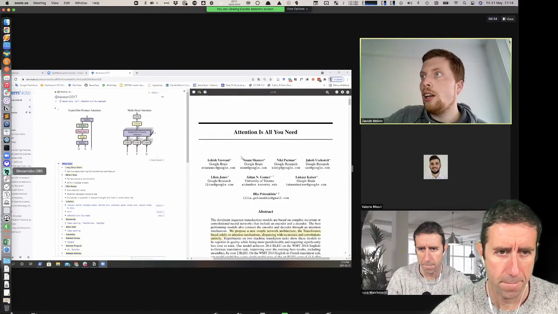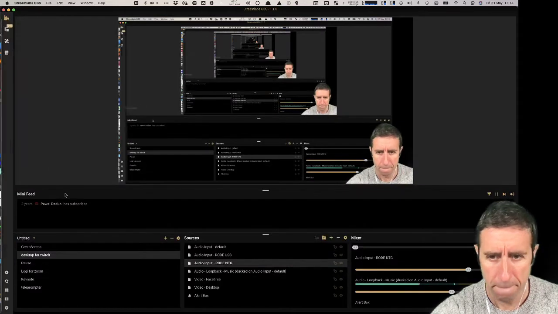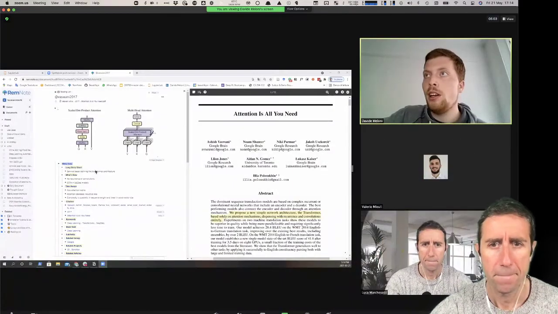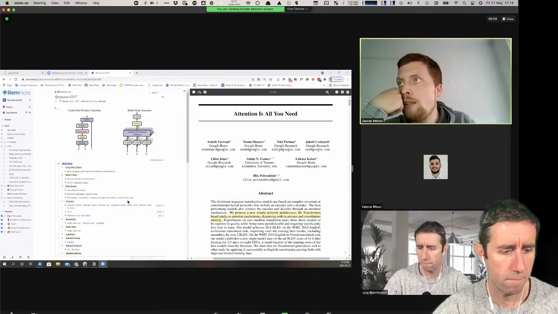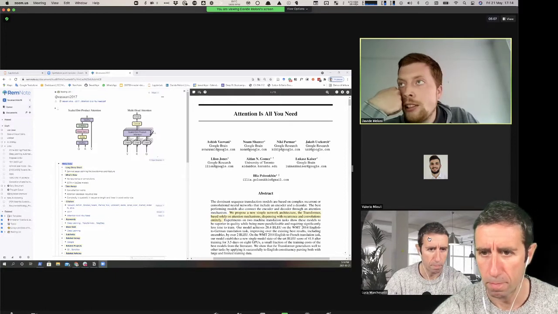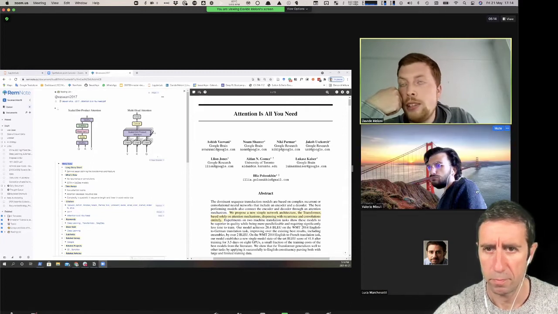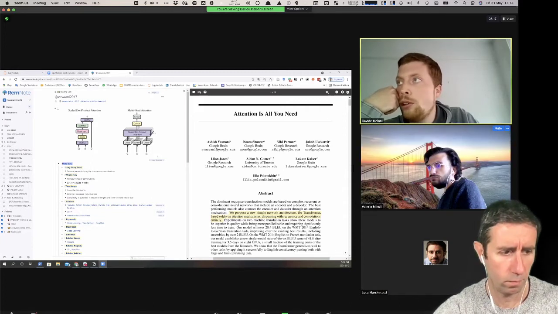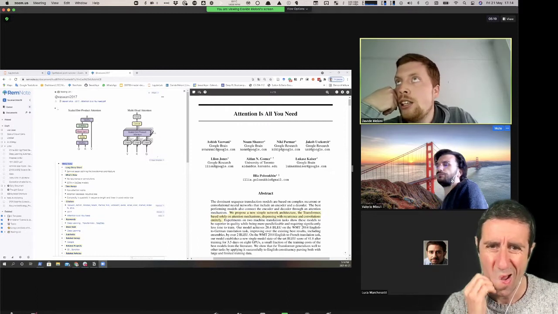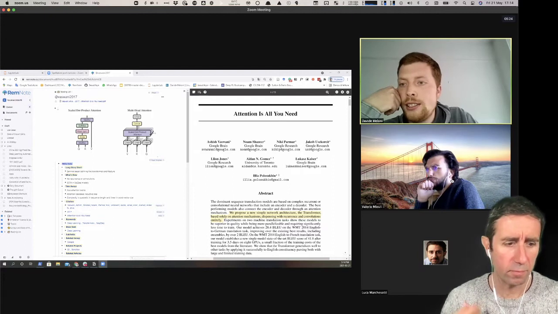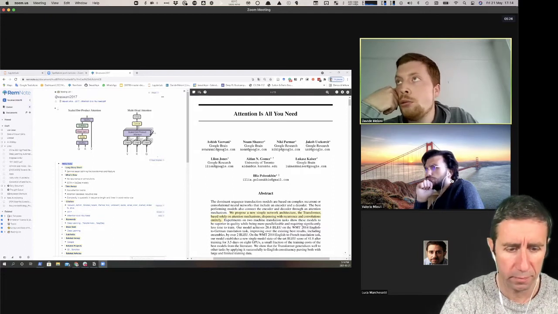So this architecture was first invented for seq-to-seq models, meaning models that use an inner representation to essentially translate a sequence of data to another. For example, in this specific article, they use transformers to translate a sentence from English to French.